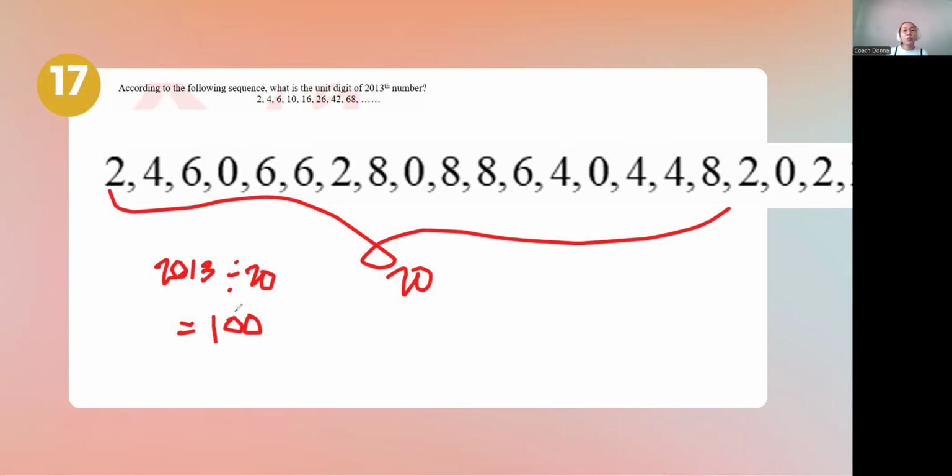Okay, and we want the remainder. So let's count from the first one. That's 1, 2, 3, 4, 5, 6, 7, 8, 9, 10, 11, 12, 13. All right, this is our 13th number. So the answer is actually a 4.